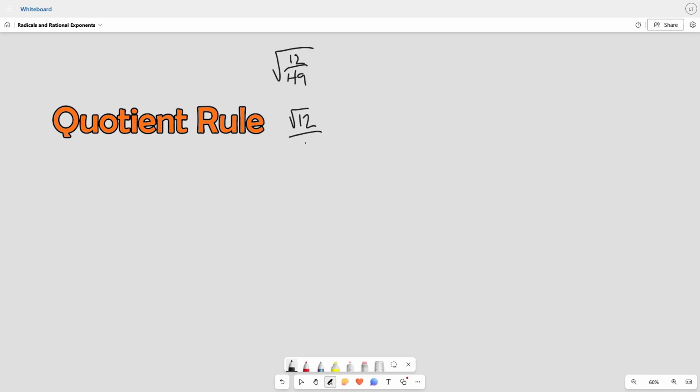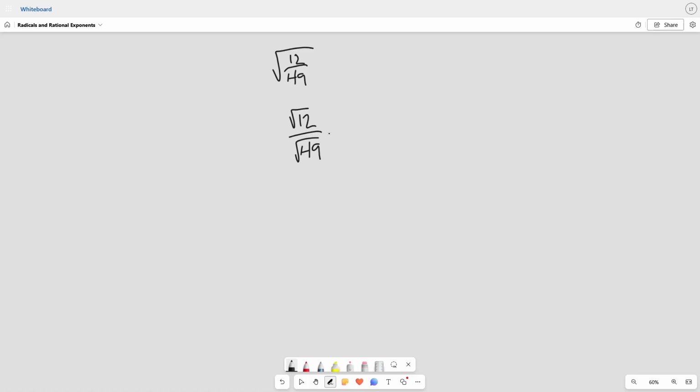Gives us the square root of 12 over the square root of 49. Then since this is a perfect square, let's just get that out of the way, write that as a 7. And then the 12, you'll notice that 12 is just 4 times 3.